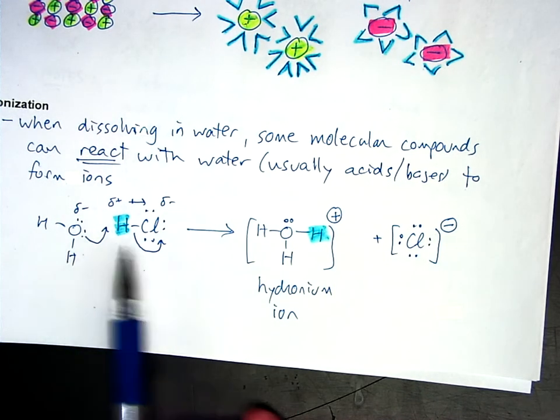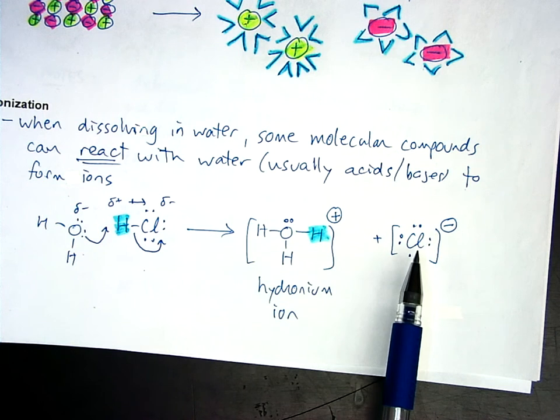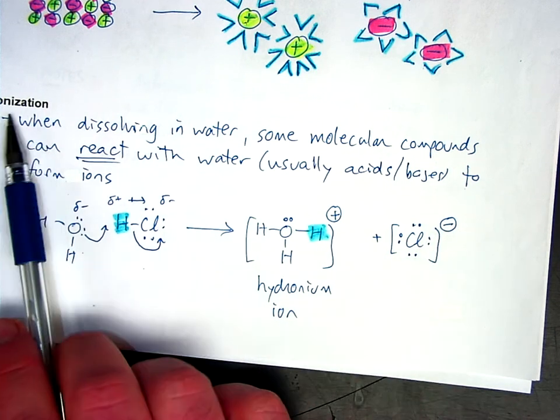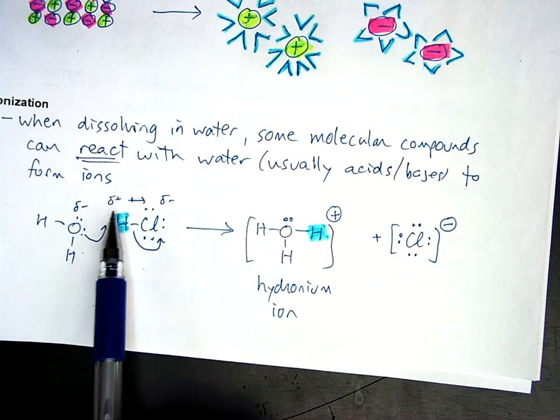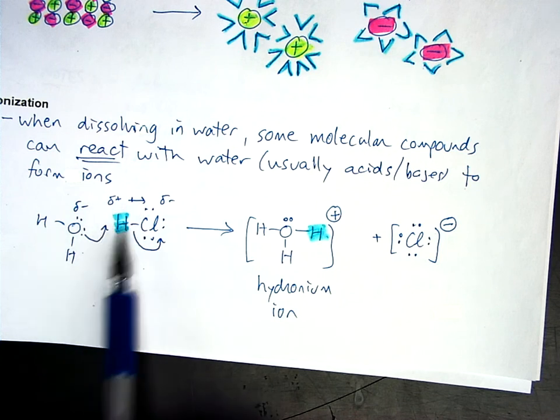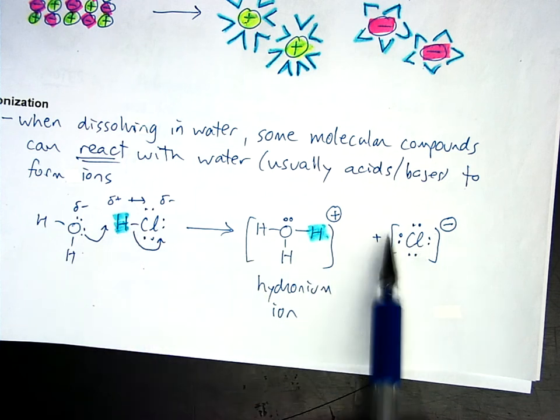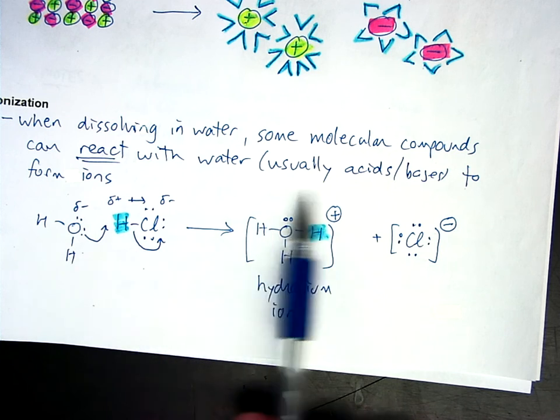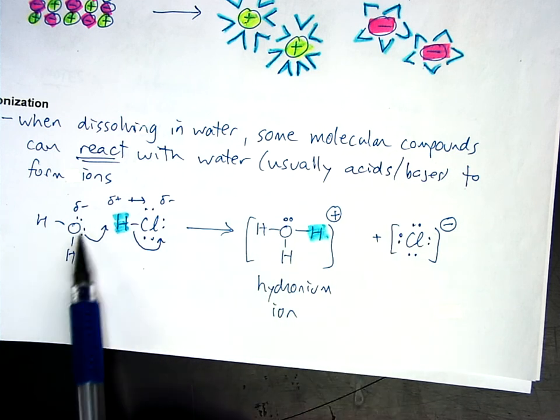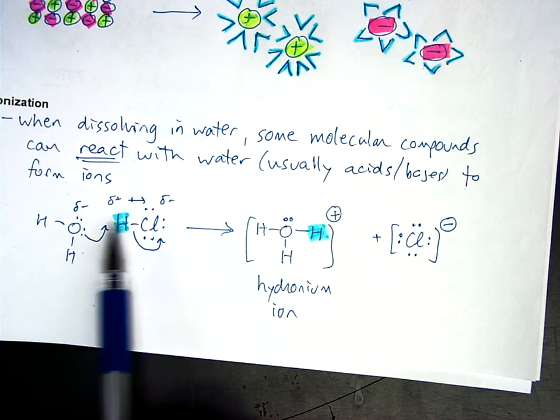So this is the process that we see happening when things dissolve in water that are superpolar and don't mind going from this neutral structure to separate ions. Usually it's with acids and bases, and water is the main part of this process.